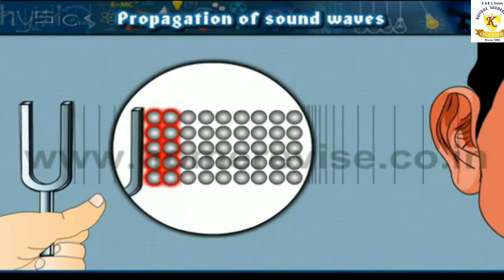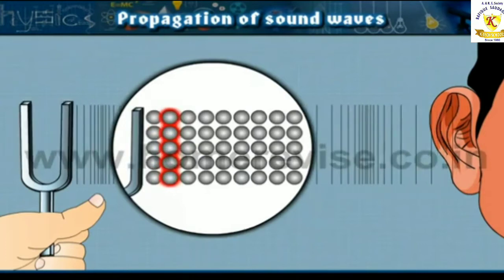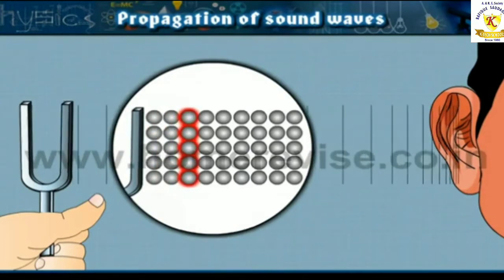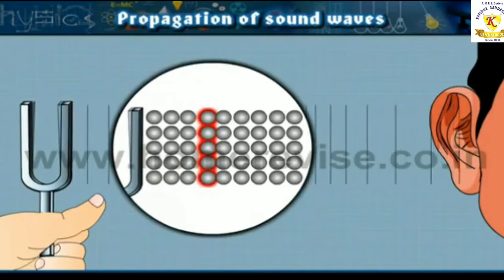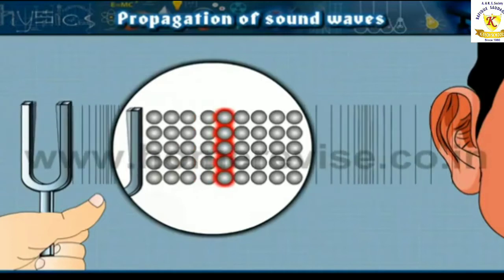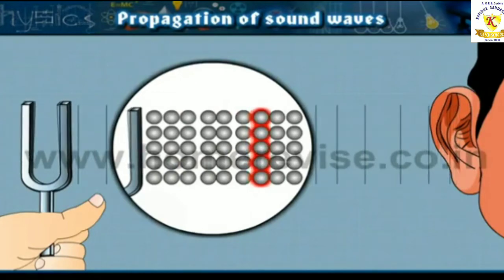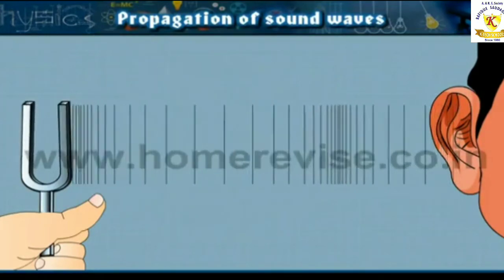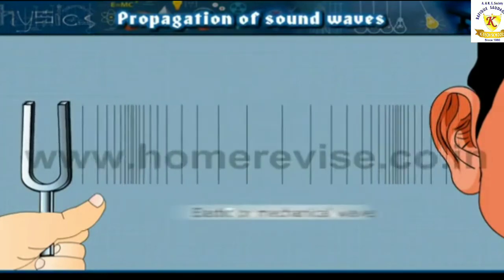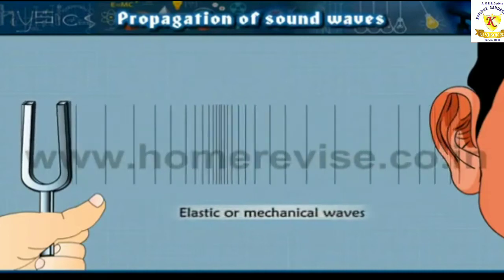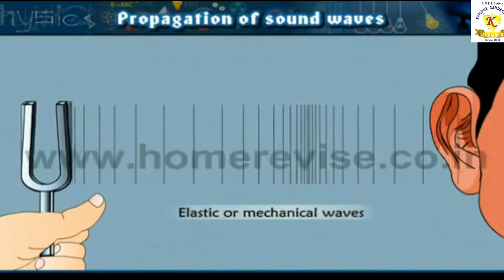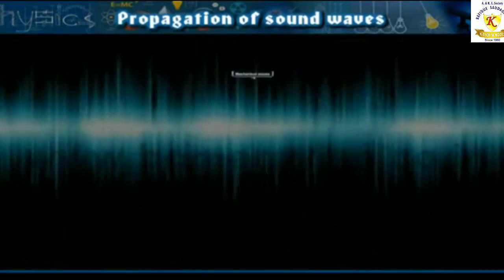When the medium particles vibrate, there is a change of kinetic energy into potential energy and vice versa. So, sound waves are also called elastic or mechanical waves.